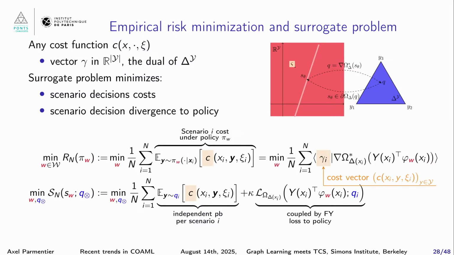But I add a penalization term that is a Fenchel-Young loss between the distribution I choose freely and the prediction of my neural network. If I send kappa to infinity, I will want to drive this to 0, and I will recover as q the prediction of my neural network, and I get back the initial problem. If kappa is smaller than infinity, this is a relaxation of my initial problem.